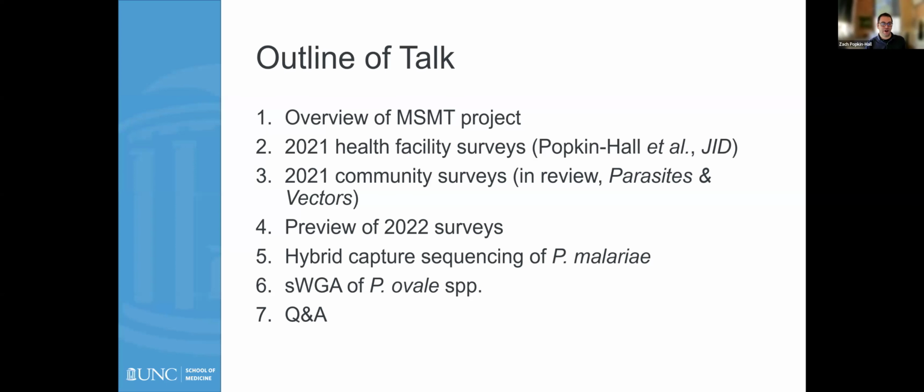I'll also talk a little bit about a complementary study that took place at the same time, looking at community surveys, and that manuscript is currently in review at Parasites and Vectors. I'll talk very briefly about data that we have from 2022, because this will be a longitudinal study, as well as one that looks at the data from 2021.